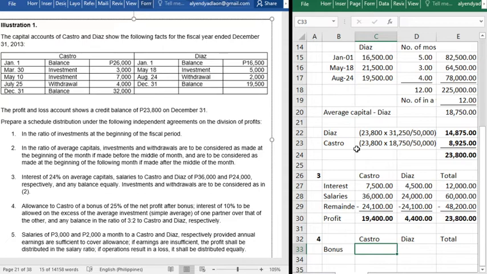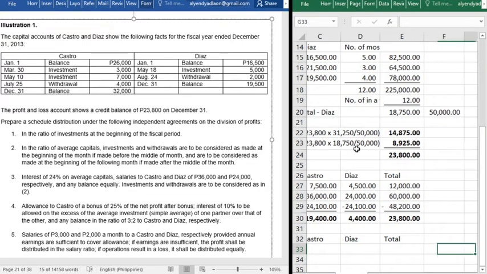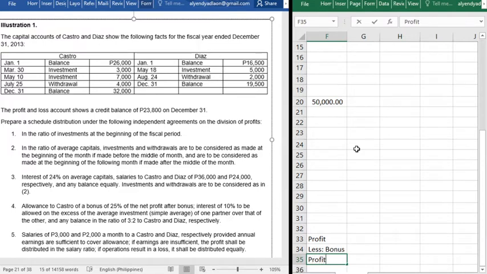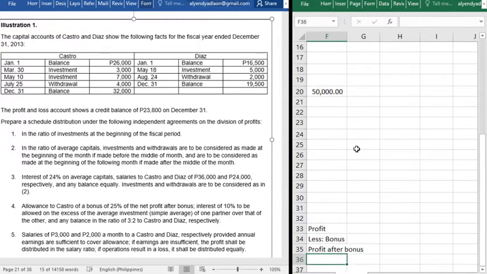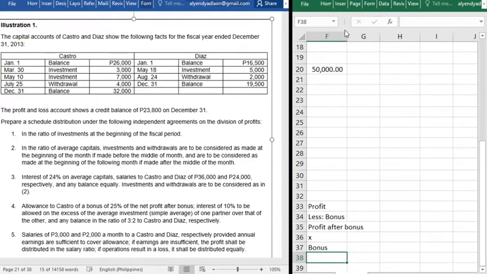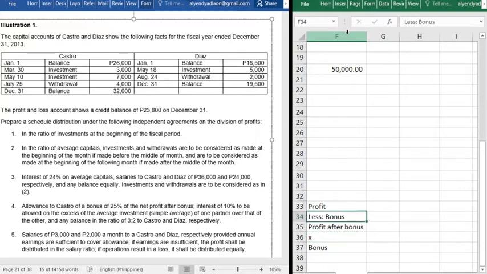So class, profit after bonus is computed after the deduction of the bonus. So say for example, profit less bonus equals profit after bonus, multiplied by the percentage, and then that is the bonus. So as you can see class, our profit here is 23,800, right?